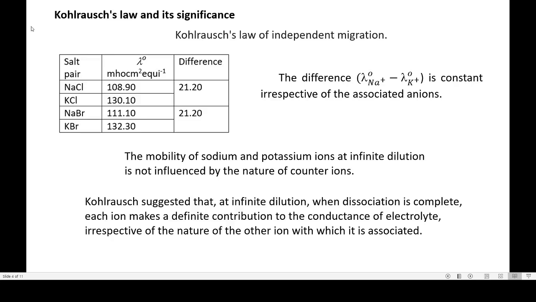Now let us see what is Kohlrausch law and its significance. The law is also known as the law of independent migration.